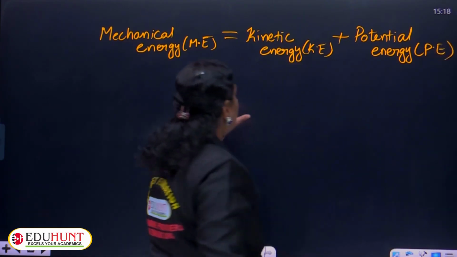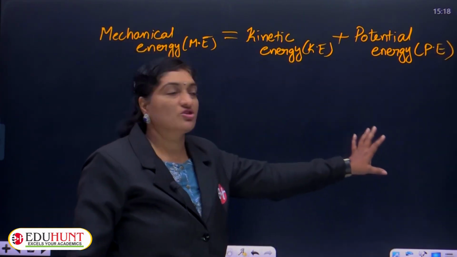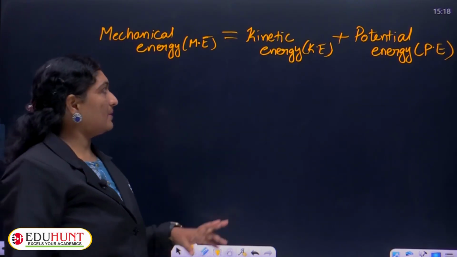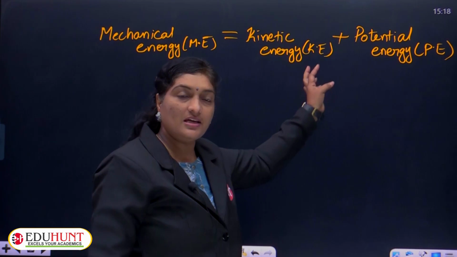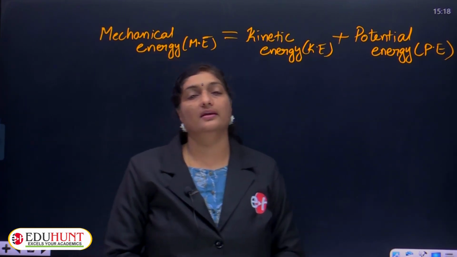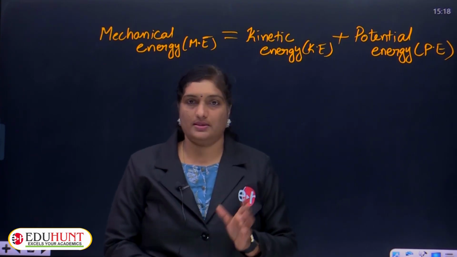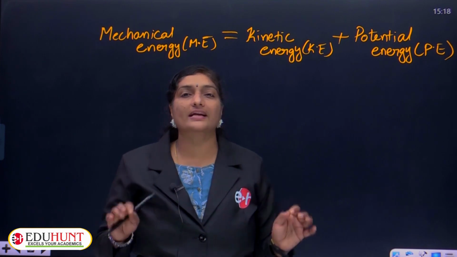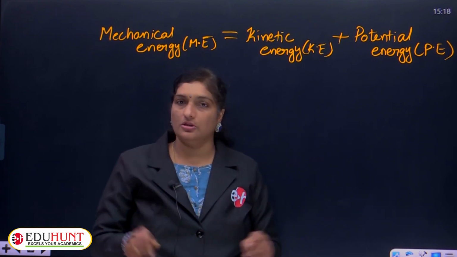So very clearly, the sum of kinetic energy and potential energy gives the total mechanical energy. And remember that the units of kinetic energy, potential energy as well as mechanical energy are each joules. So whatever be the type of energy, the unit of energy is always joules.